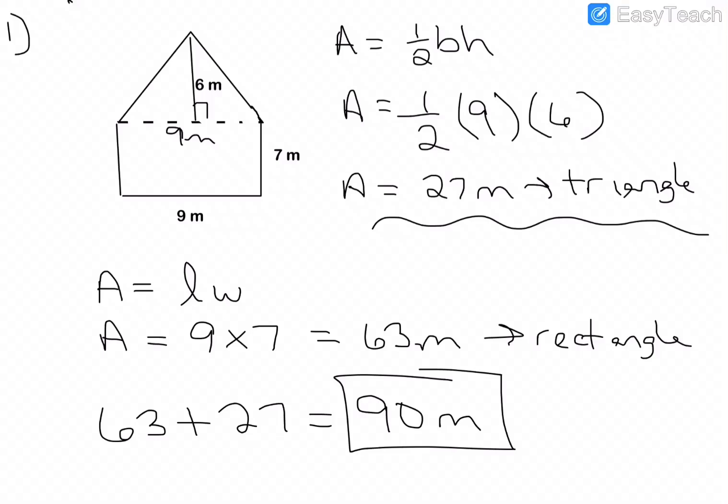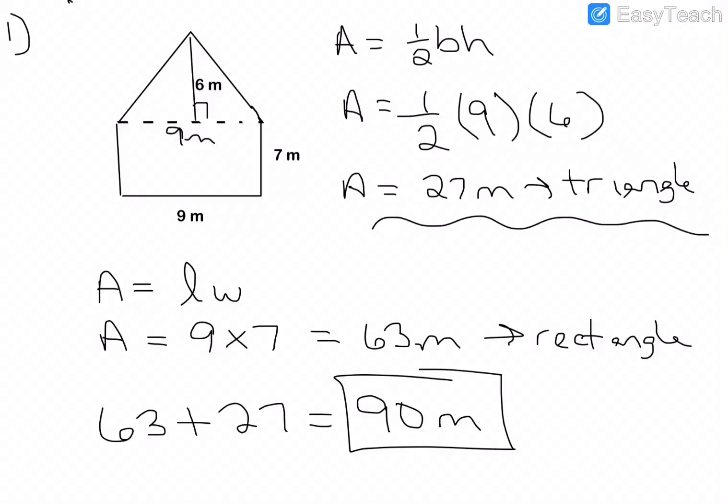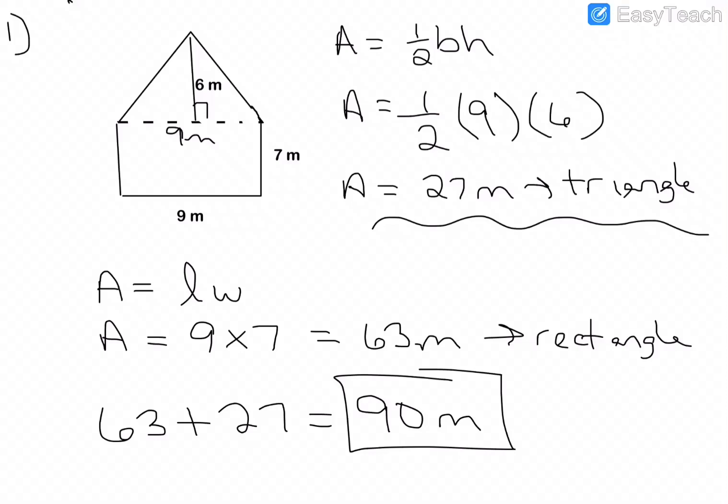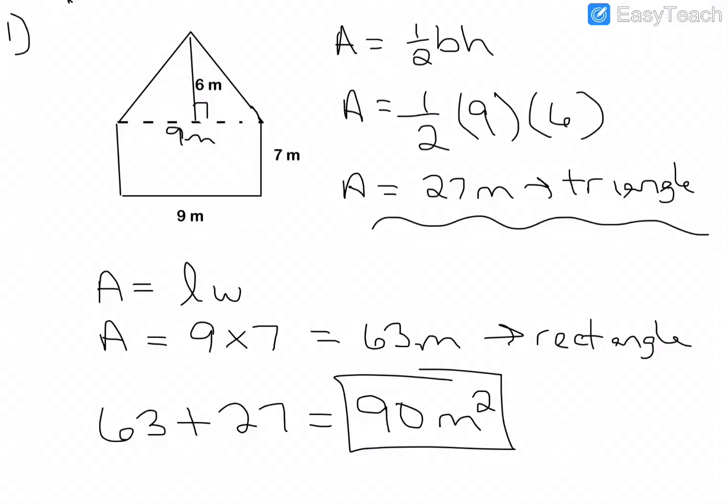All right? So, with that being said, I'm going to do one more example. I did forget one thing though. Since this is area of a polygon, it's actually meters squared.